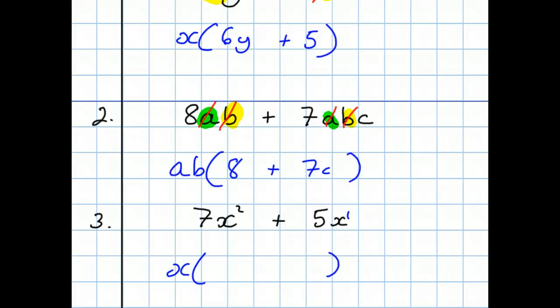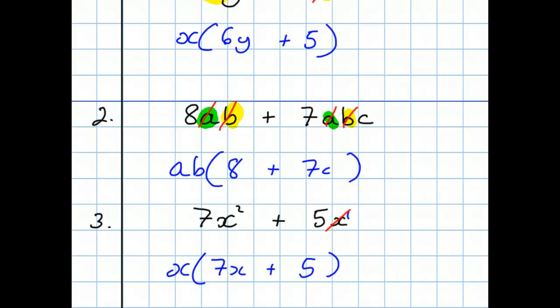So we're going to divide each of those by x. 7x squared divided by x is 7x. 5x divided by x is, well, in this case they're both the same power, we just cancel and we're left with 5. So, what was separating them was the plus sign. So it's x times, open brackets, 7x plus 5, close brackets.